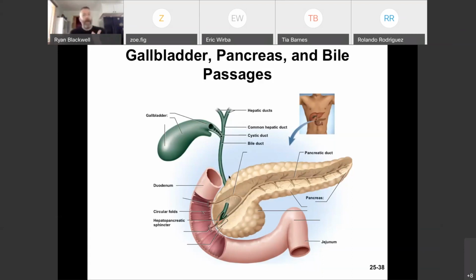Now, emulsification is not the same as enzymatic degradation. Emulsification is a process that just physically shears or shreds fat molecules into smaller and smaller pieces. Enzymatic degradation involves the chemical breakdown of those molecules. So fat is emulsified by bile.